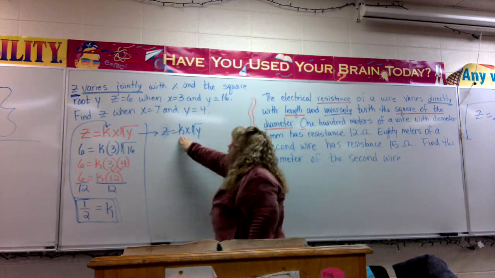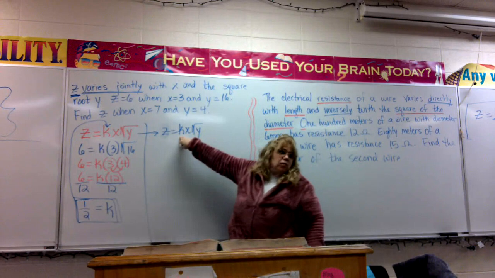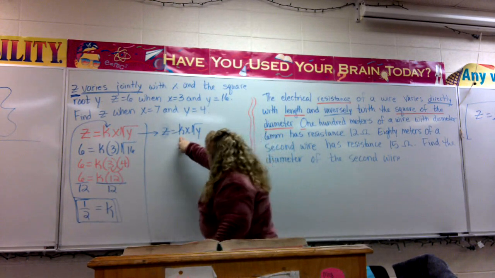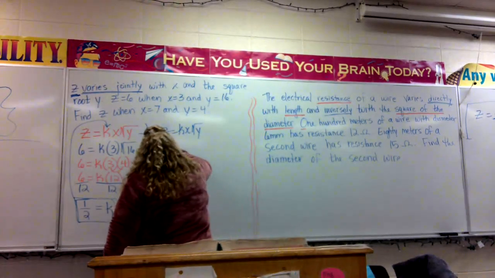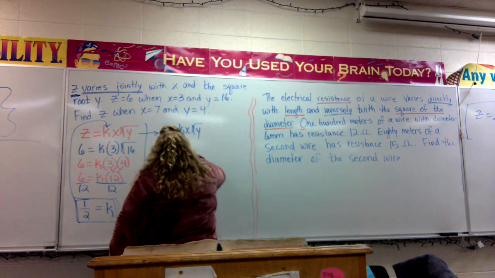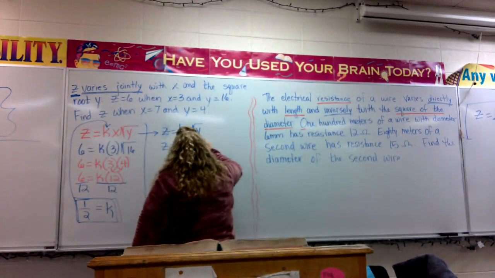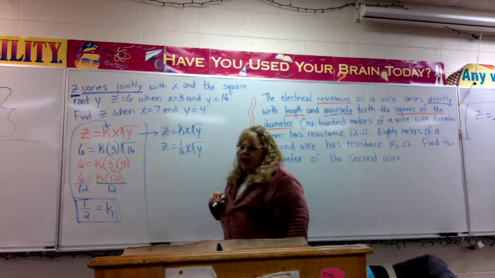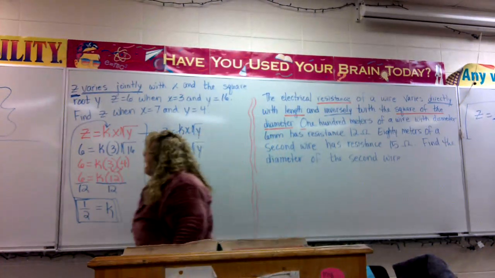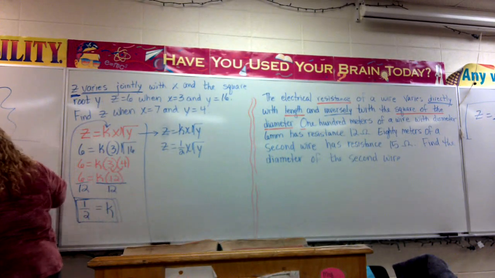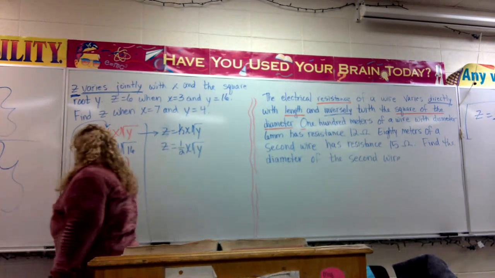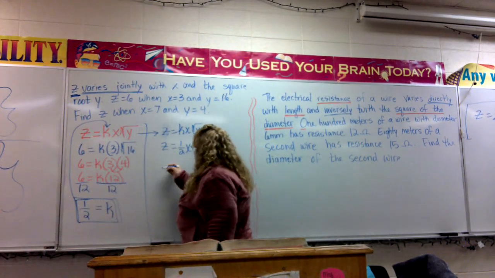But guess what? We already know what k is, don't we? So plug it in here. We just found out that k was 1/2. And now we can plug in the second bit of information to find out what z is.